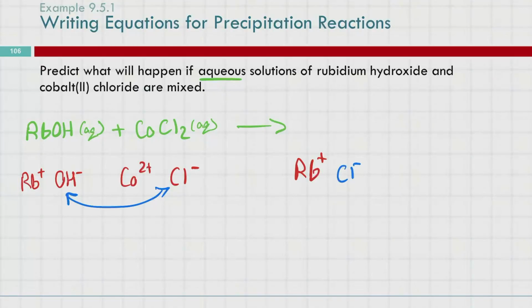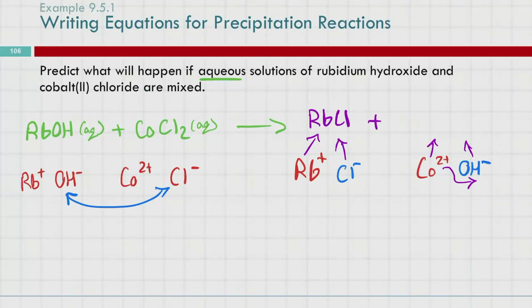This is the new pairing. And Co2+ paired with OH−. And we can recombine these with some crisscross action. So we've got RbCl plus Co(OH)2. Those would be our possible options.